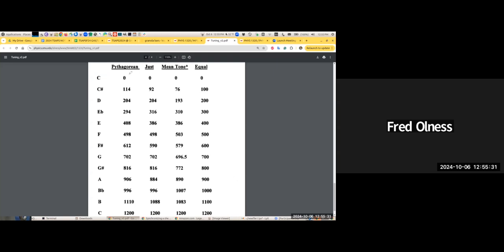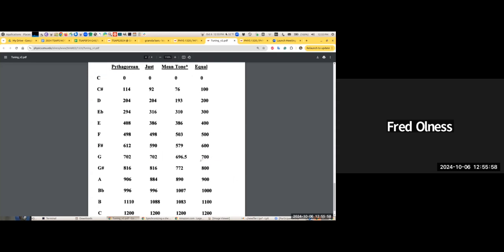So let's start over here with the Pythagorean. Remember, for the Pythagorean, the fifth was perfect. So a perfect fifth is 702, and you see the just also has a 702. And how does the equal do? Well, it's 700. That's pretty darn good. You're going to have real trouble noticing the difference between 702 cents and 700 cents.